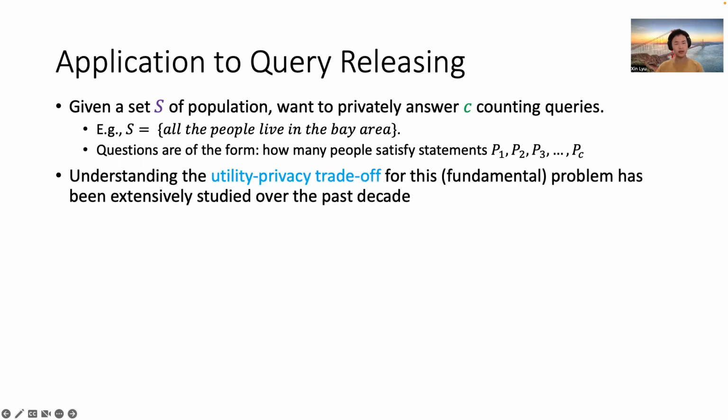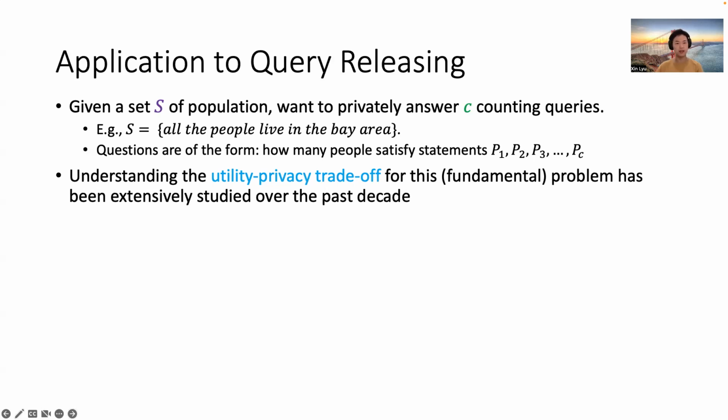Understanding the utility-privacy trade-off for this problem is a fundamental question of DP and has been studied extensively over the past decade. By this trade-off, I mean we fix a privacy bound epsilon and delta, and we ask what's the best accuracy we can achieve in answering these queries.